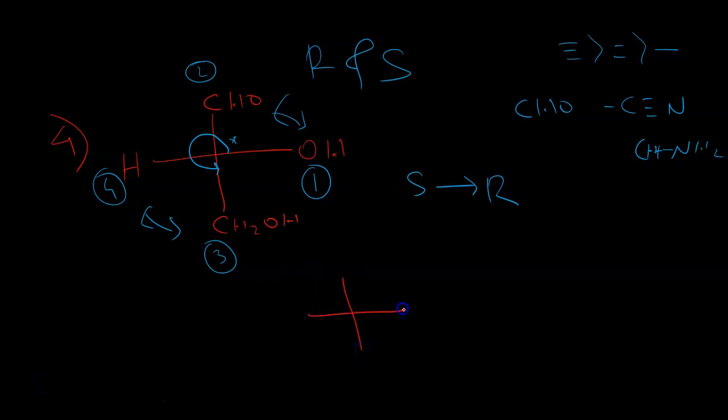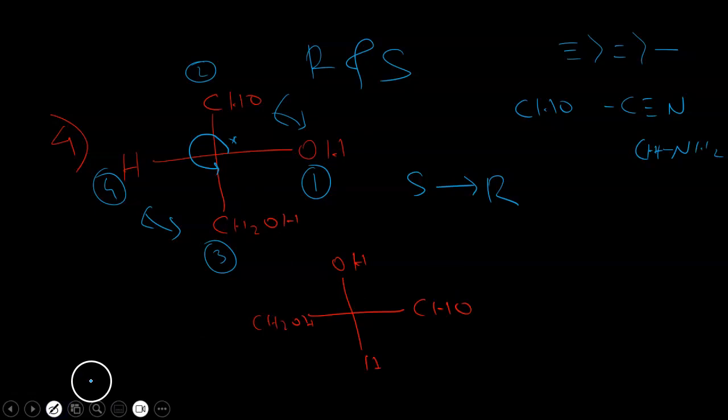This method is applicable only when the least priority group is on a horizontal line. The least priority group should always be on a vertical line. So CH2OH comes over here, hydrogen will come here, and OH will come here, and aldehyde will come over here. I have exchanged it as per the arrows.